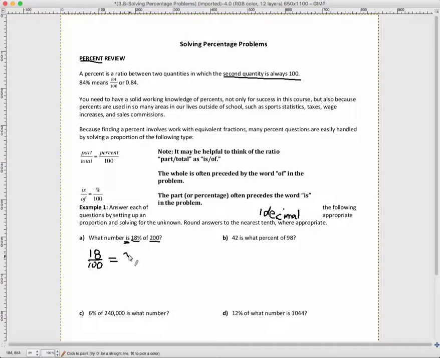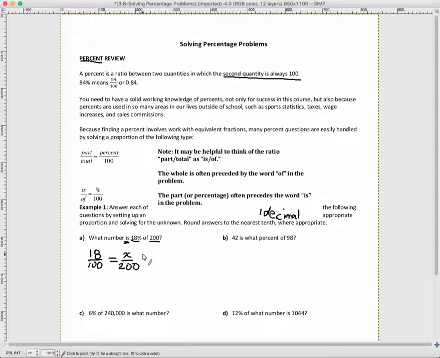So I'm looking for something that is equivalent to 18 out of 200. Another way to look at this is 18 compared to 100 is what compared to 200? I'm sure most people could say, okay, it's double because 100 to 200, you just double 18. So you should get 36. But how do we get that here?